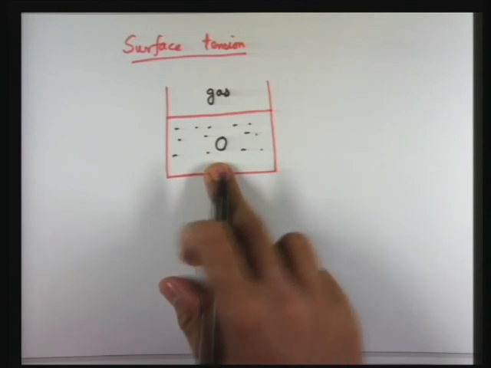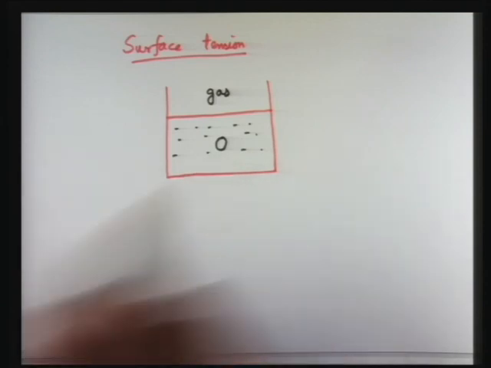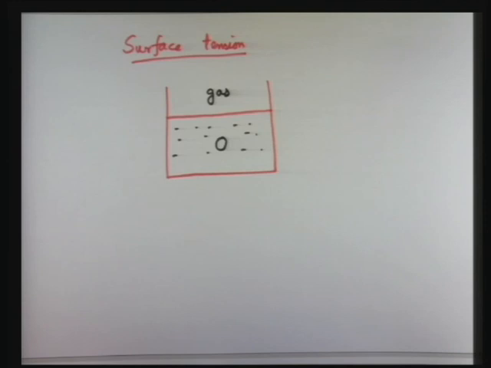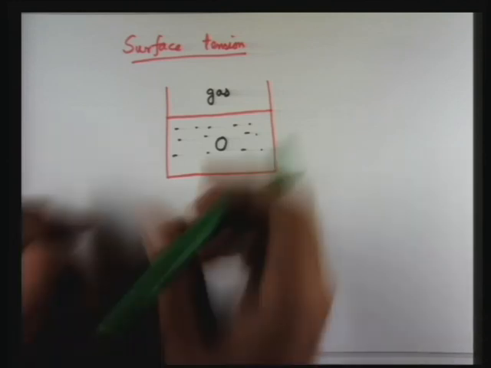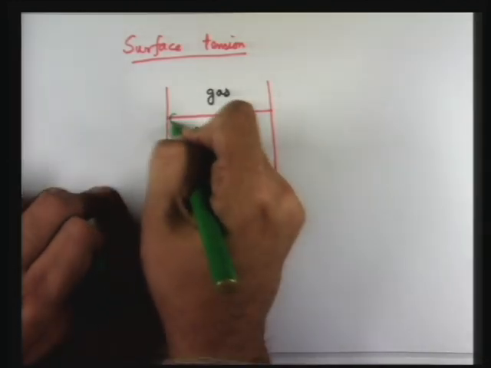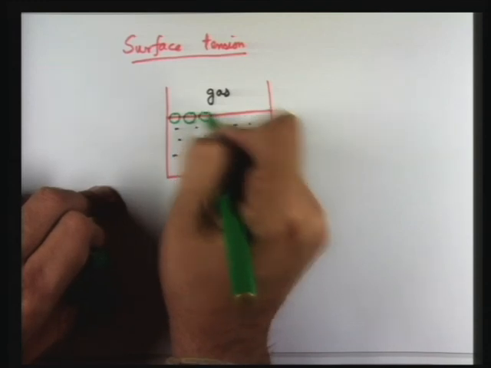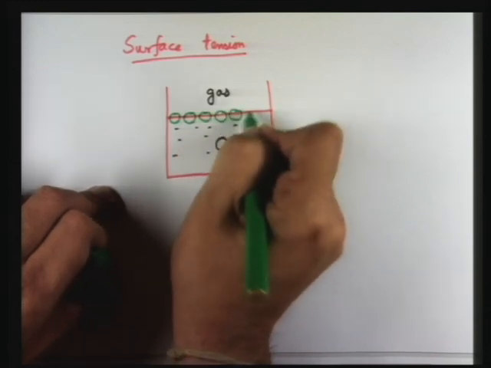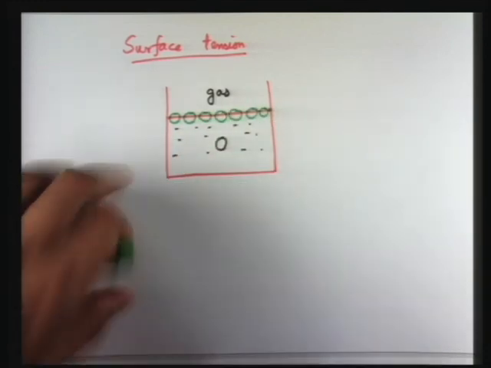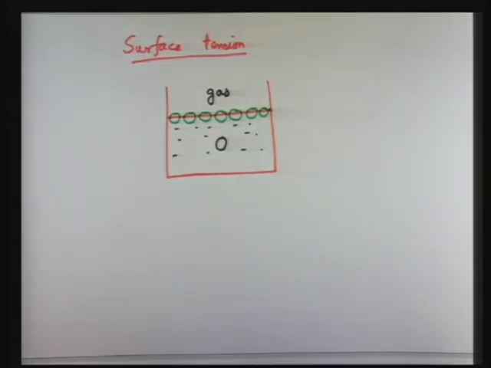If there is a molecule here, it will be attracted equally by liquid molecules all around. But let us consider some special molecules, that there are some molecules at the interface. These molecules are very peculiar.